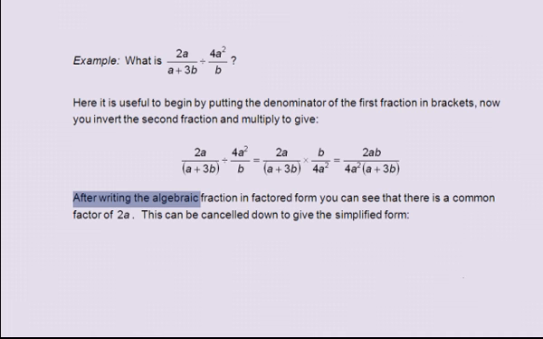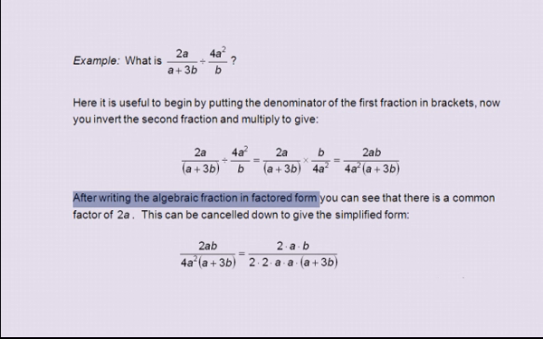After writing the algebraic fraction in factored form, 2ab over 4a squared multiplied by (a plus 3b) in brackets equals 2 multiplied by a multiplied by b divided by 2 multiplied by 2 multiplied by a multiplied by a multiplied by (a plus 3b) in brackets.